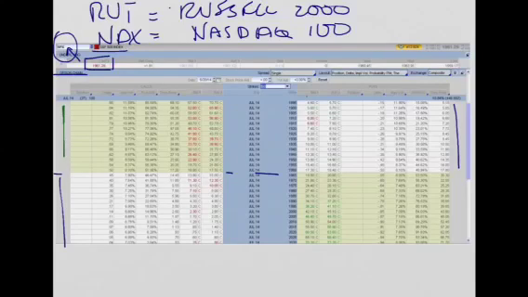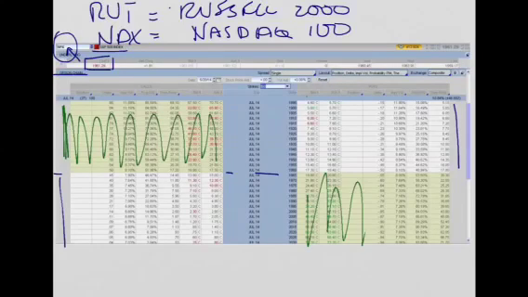So we don't want to trade anything in the green areas because that's where the options already have value based on where the underlying index trades. We want to trade things that are out of the money. So we're going to be selling things in this area and in this area.